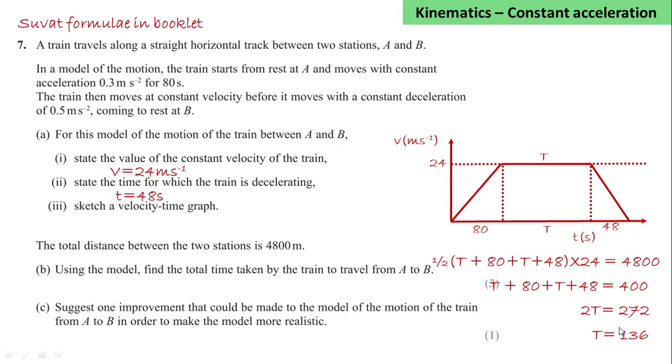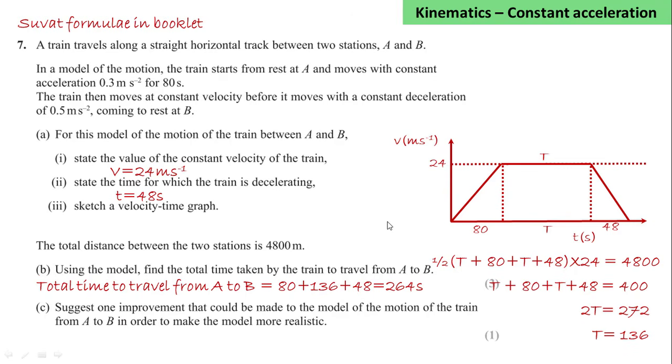We solve that for t and we get t is 136, and therefore the total time to travel from A to B will be 80 plus 136 plus 48 equals 264 seconds.